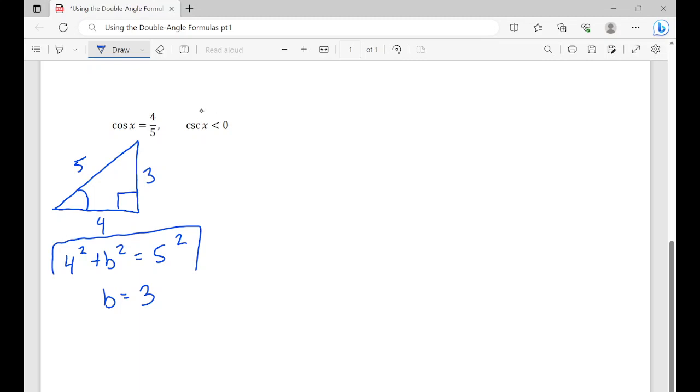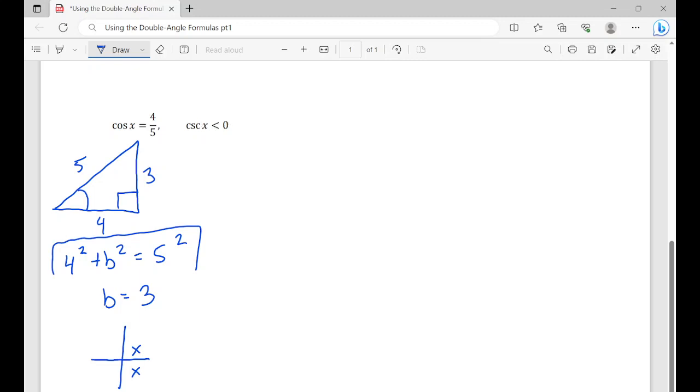But I still have to take into account I don't know where we are. In the previous one I knew we were in quadrant 1, but here I don't. So how can I figure it out? Well, I know cosine is positive, and when I look at the quadrants, cosine is positive only in quadrants 1 and 4. Now cosecant is negative. Well, where is cosecant negative?